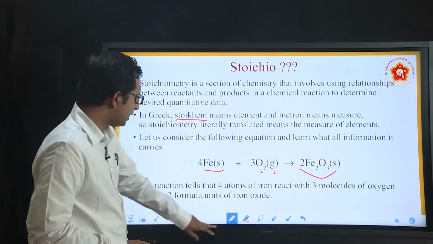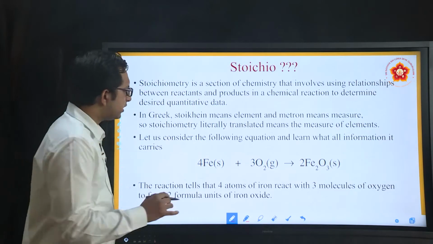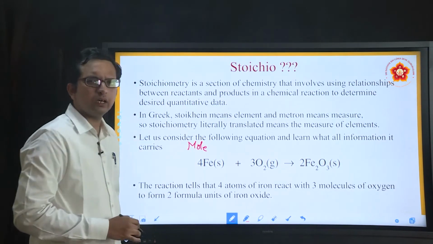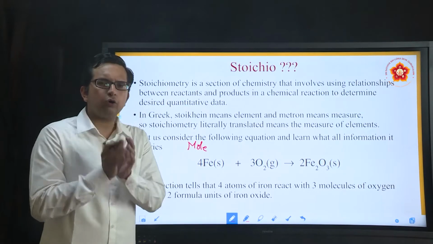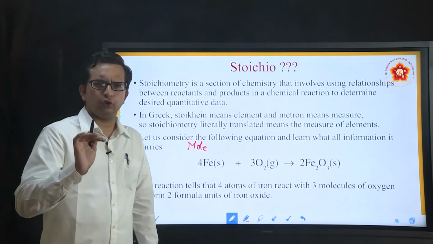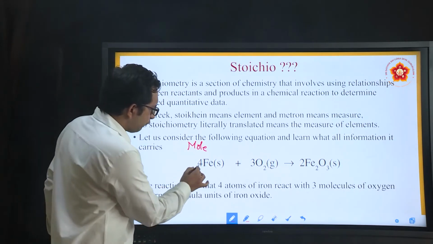Now, what do you understand by this reaction at the outset? We have already studied the mole. What is a mole? It is the stable amount of a particular element which contains 6.022 × 10^23 particles. Now, what does this 4 indicate here?